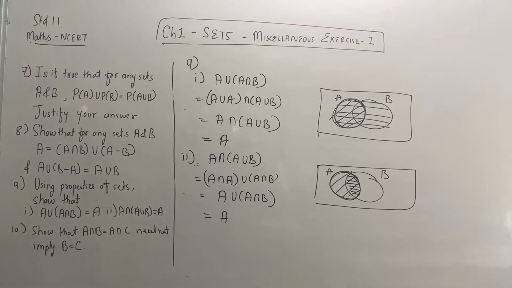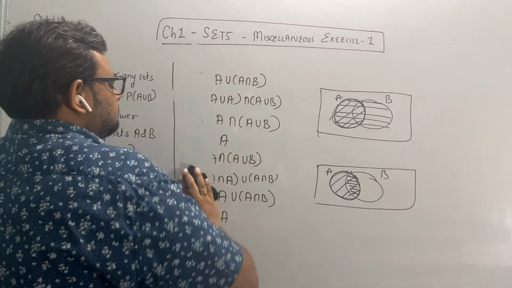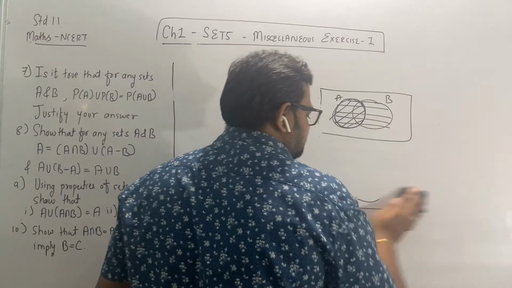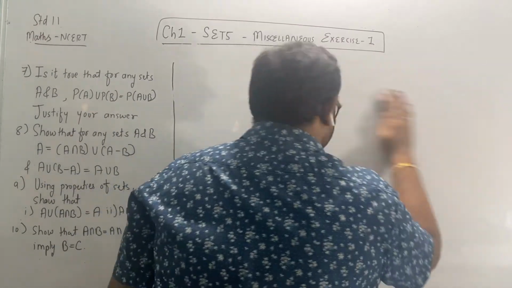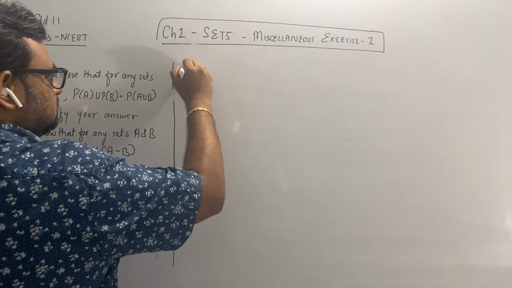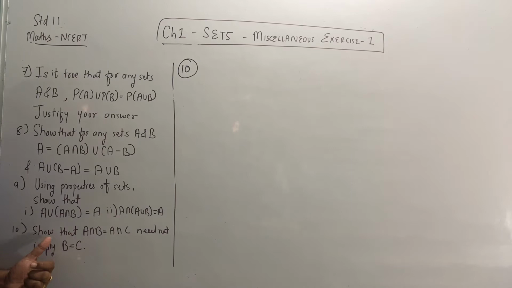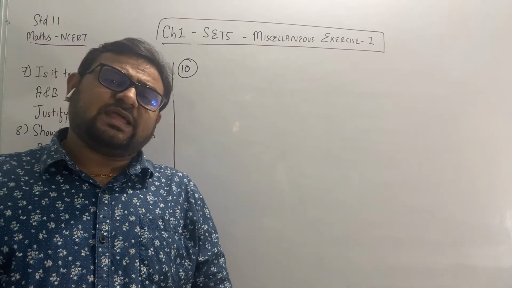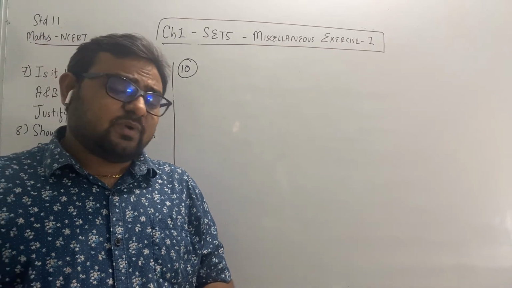Okay, so let's move to the next question, question number 10. You have to show that if A intersection B is equal to A intersection C, it need not imply B equals C. Okay, so here we can take an example.